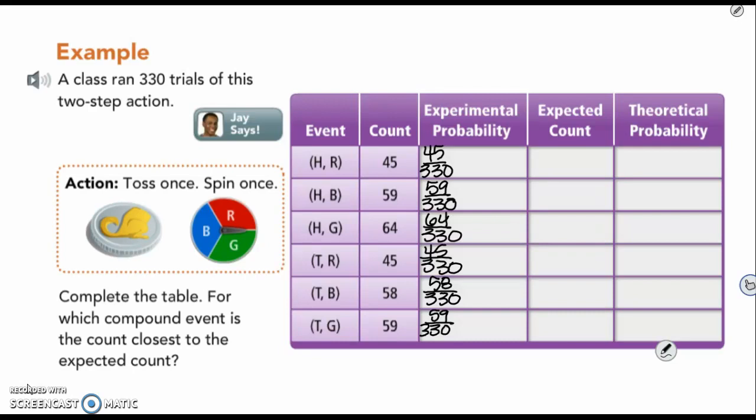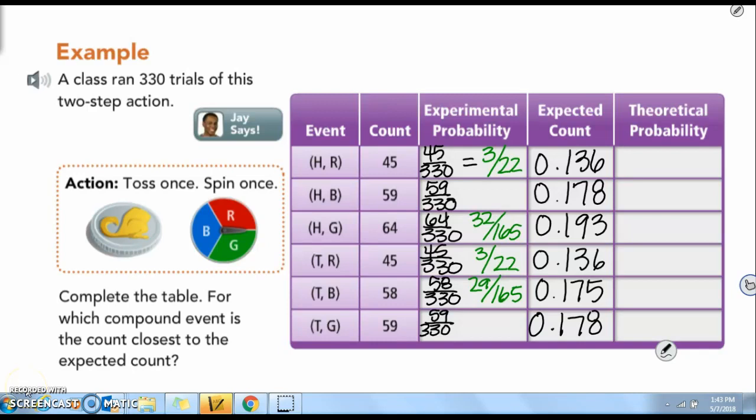We can simplify these probabilities. We've simplified the probabilities of our experiment, and then I've done the expected count, which is basically where you're just turning your fraction into a decimal so you can compare.